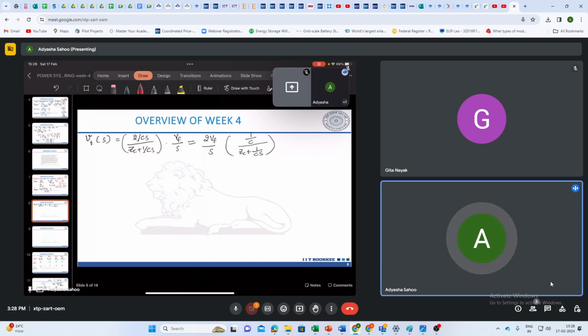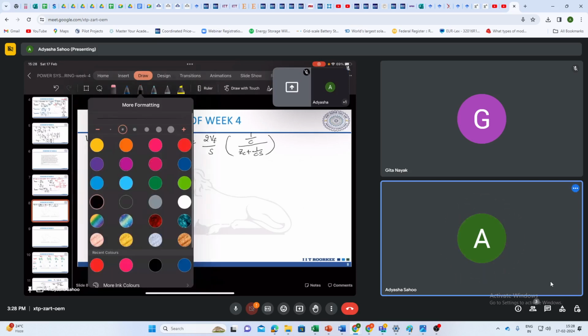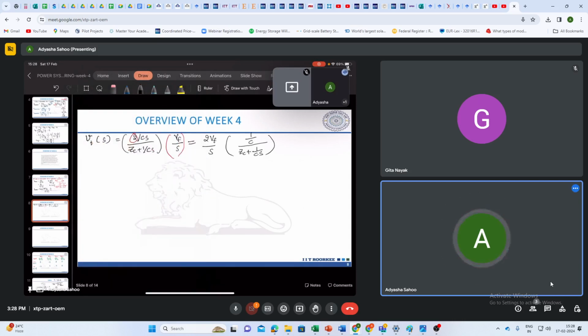Basically I took this as common: 1 by CS divided by ZC plus 1 by CS.